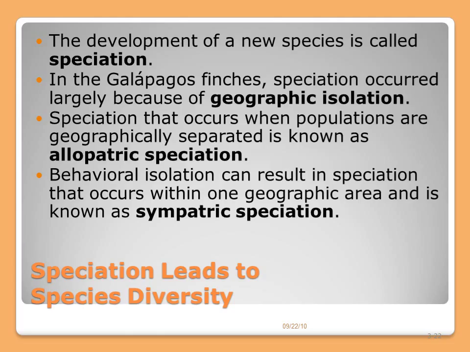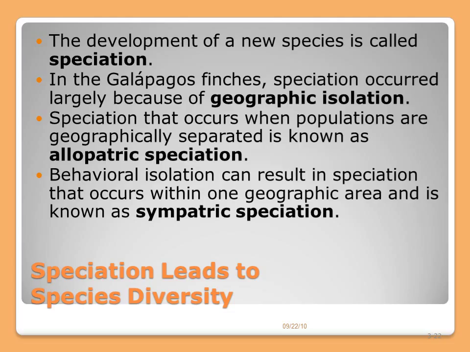But when you get changes in a species that occur because they're separated by something like an ocean or a mountain range or a desert, they call this geographic, or allopatric, speciation. Other organisms might not mate because they have some kind of behavioral difference.